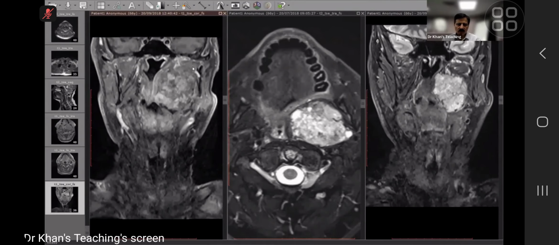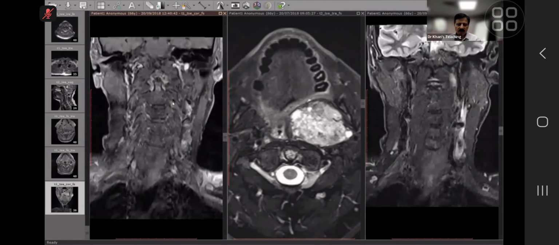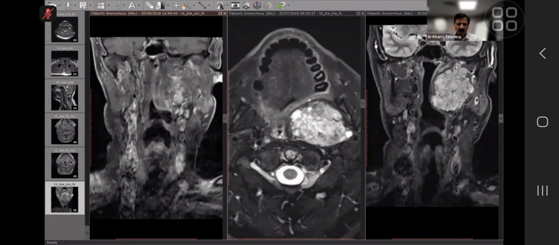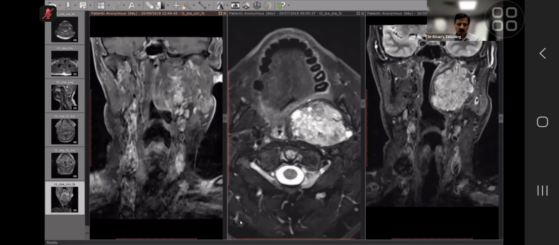Another thing I showed you, this is a post contrast, and it doesn't go through the foramen ovale. So it is a schwannoma of the masticator space. I showed you the differential diagnosis, and this is how you diagnose head and neck specific tumors.